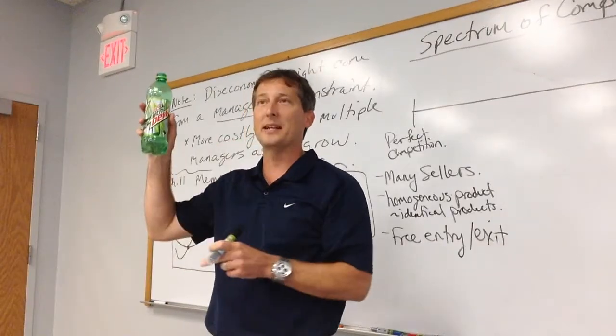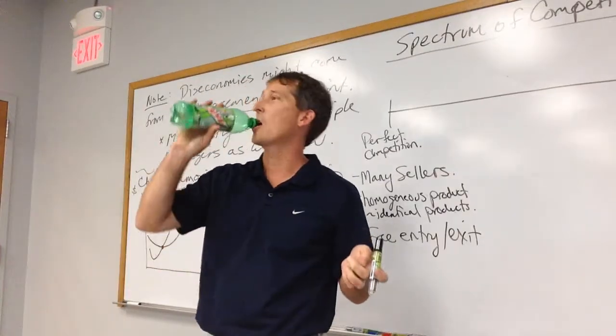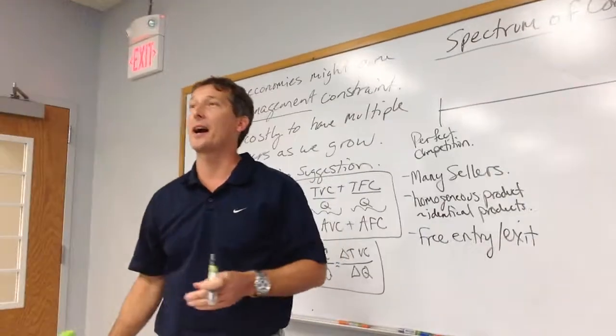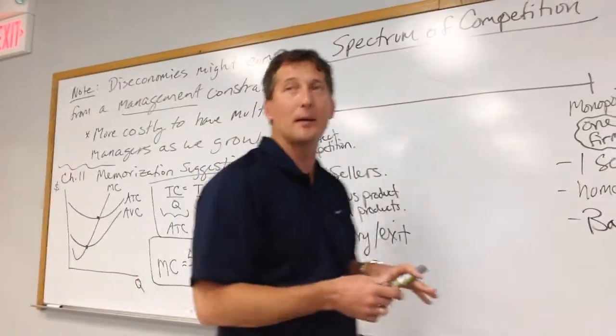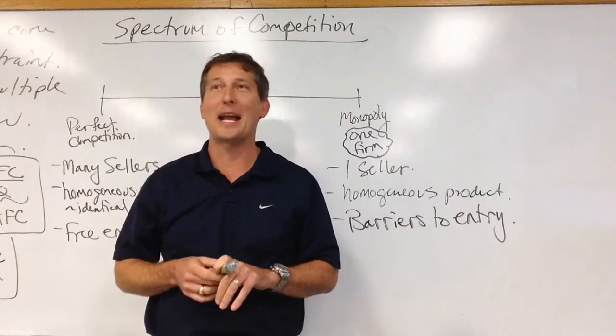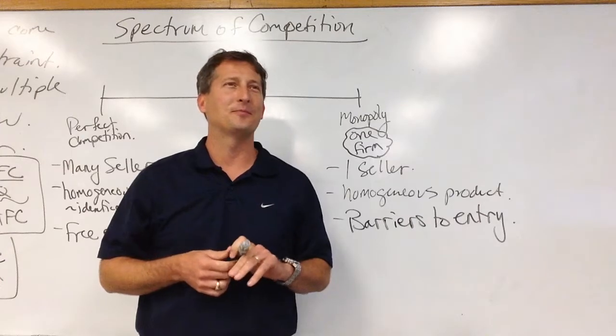Now, can other companies copy the formula so that it basically tastes the same? Yeah, all of them, all the knockoffs. So it's possible to copy them after the patent wears out. When does that happen? Anybody know? How long does a patent run?